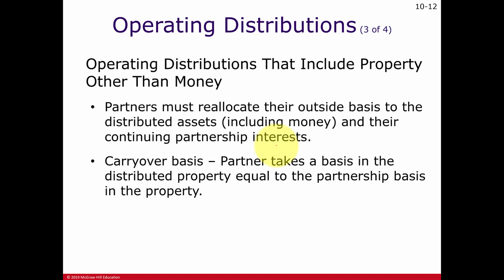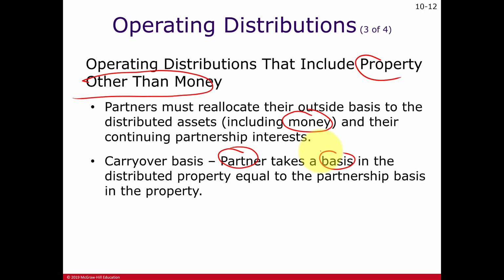So to make things a little bit more complex, we're now going to distribute maybe money, but also property other than money. So you need to first see how much money is being distributed and reduce the partner's basis by that amount. Then you look at the other property being distributed, the cost basis in the partnership, and reduce the partner's basis by the partnership's basis.